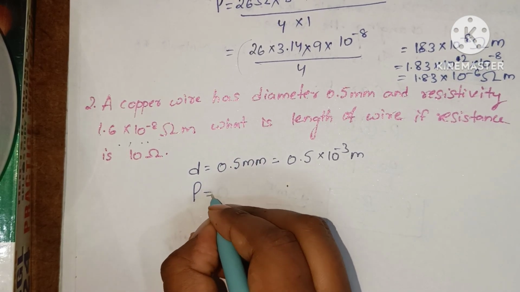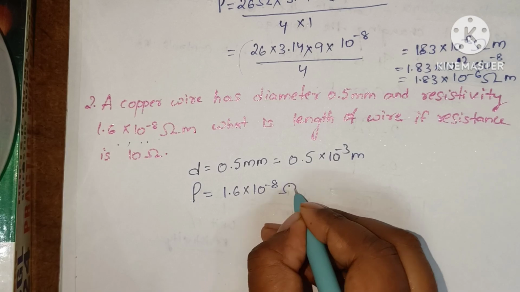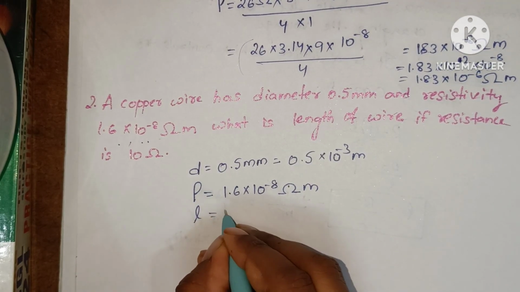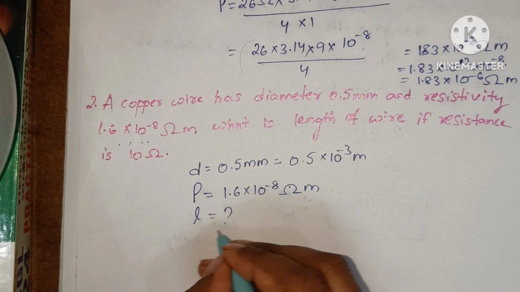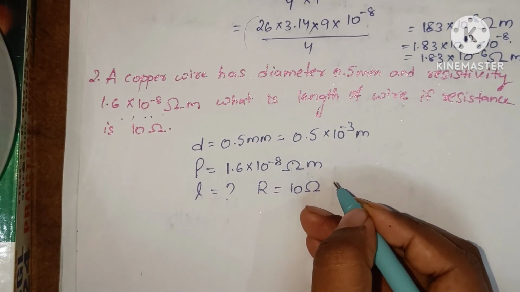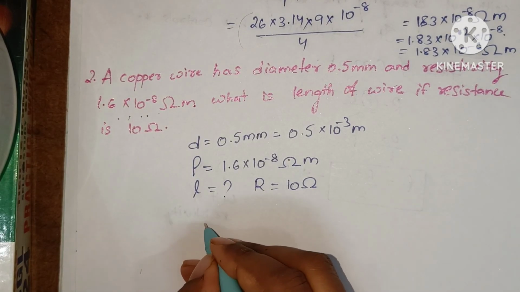Then he was asking the length of the wire, and he gave resistance R equals how much? 10 ohms.